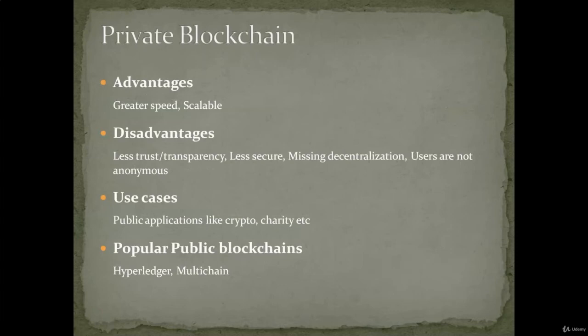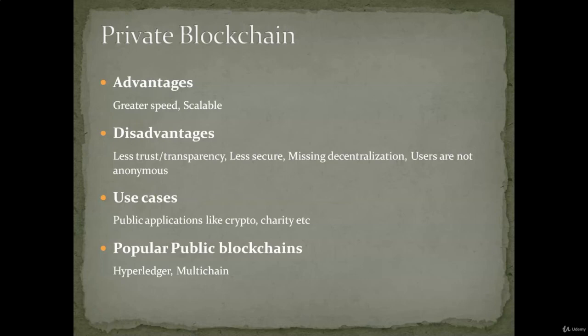What are the advantages? Private blockchains provide greater speed as compared to public blockchains. They are more scalable. Users are not anonymous here. It can be an advantage in some scenarios and a disadvantage in others.